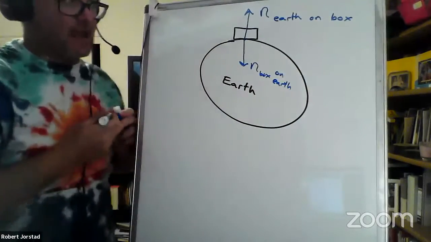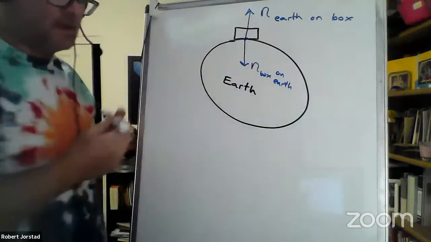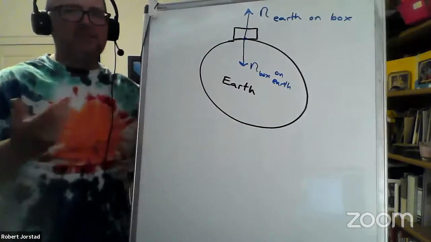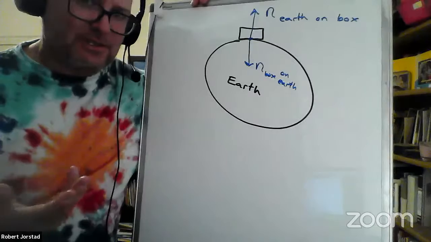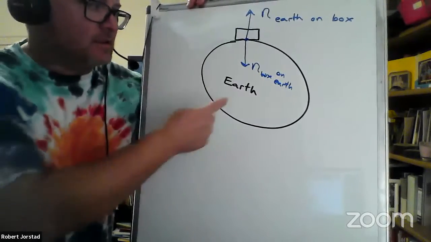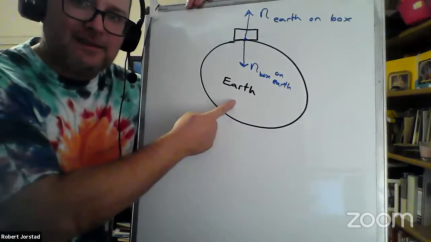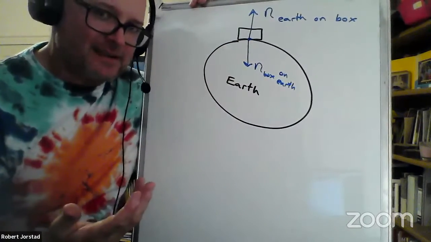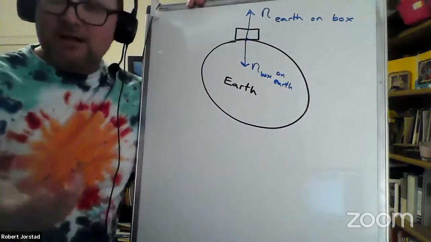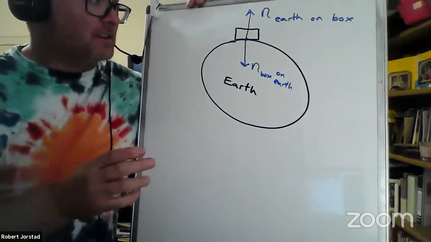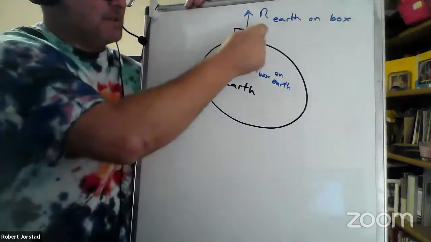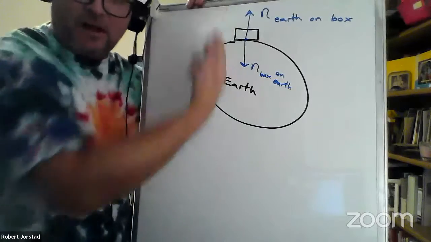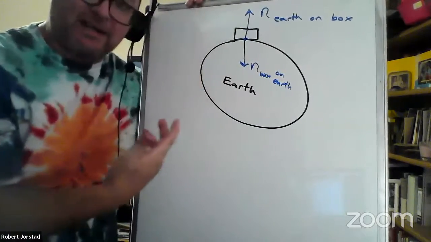These two are action-reaction pairs. Now, why do we not notice it that much? Well, the Earth is so big, the normal force from this box causes almost no effect on the planet. Whereas the converse is definitely not true. The Earth's supporting force keeps this from falling through the Earth. That's a big deal for the box.